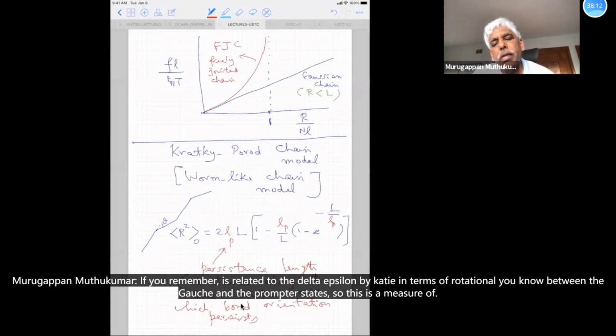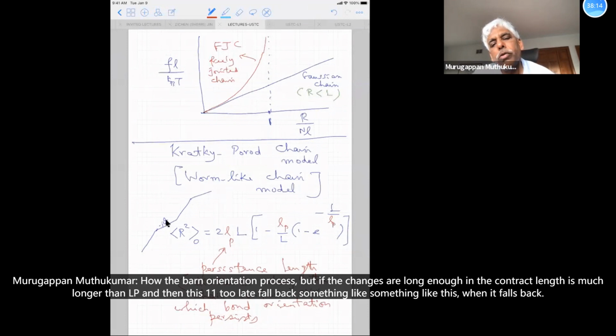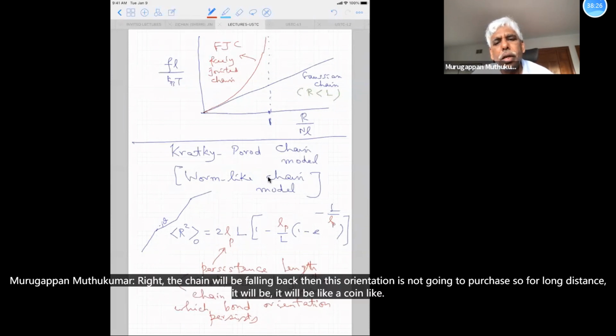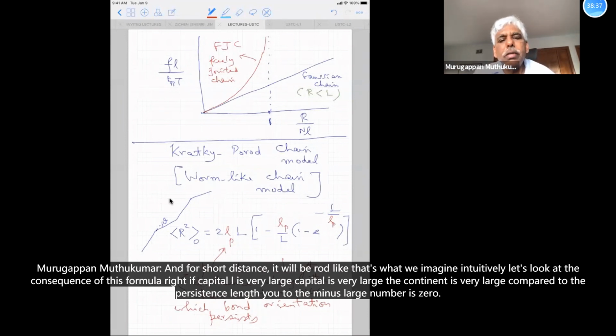So this is a measure of how the bond orientation persists. But if the chain is long enough, if the contour length is much longer than LP, then it will eventually fold back, something like this. When it folds back, the orientation is not going to persist. So for long distance it will be coil-like, and for short distance it will be rod-like. That's what we imagine intuitively.